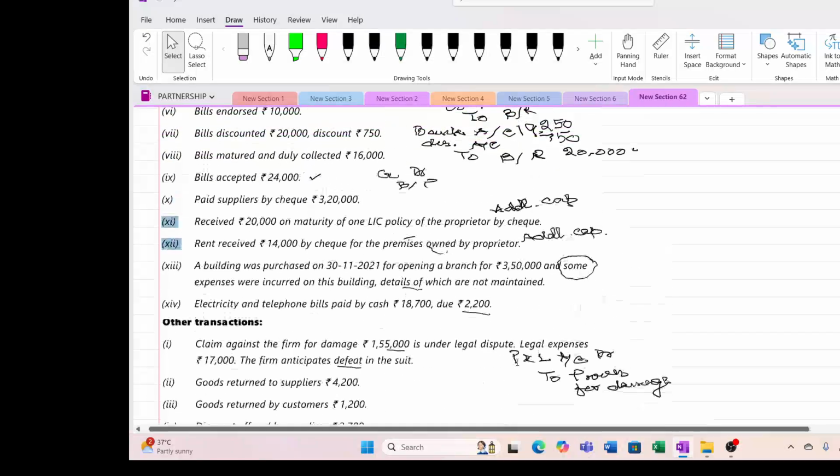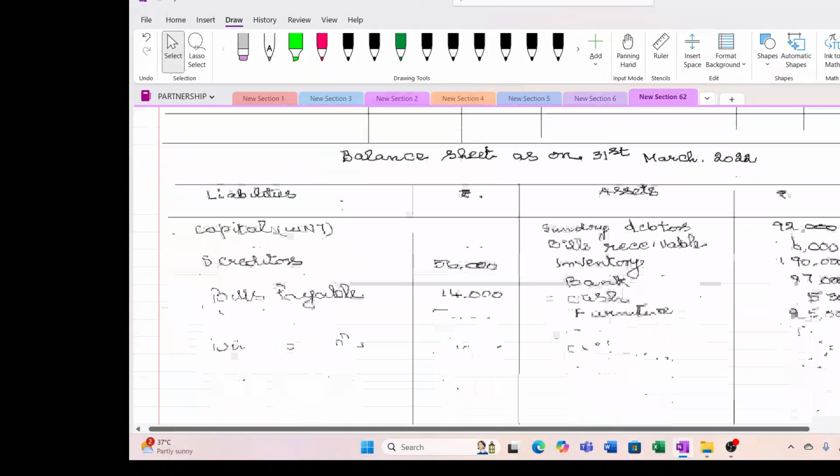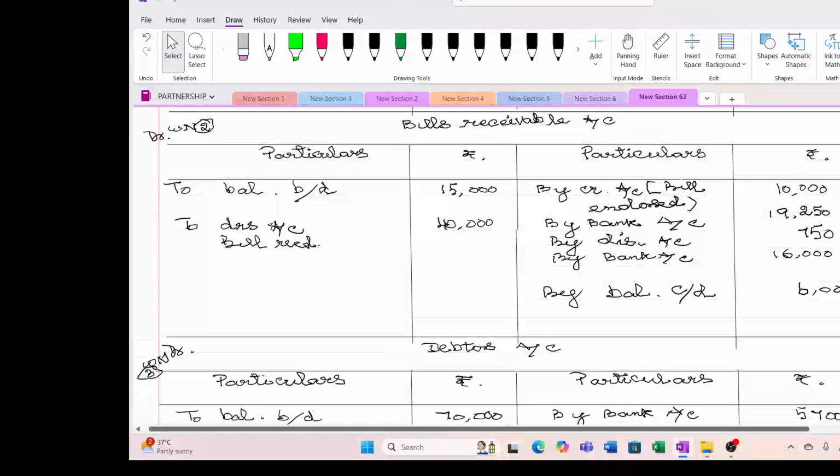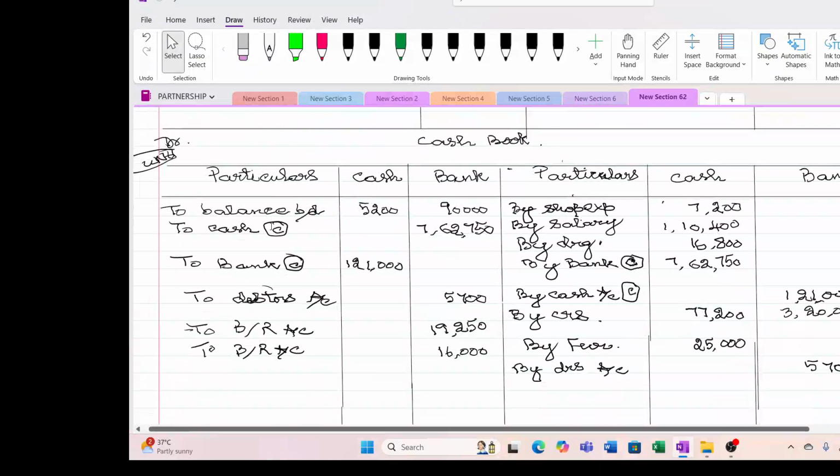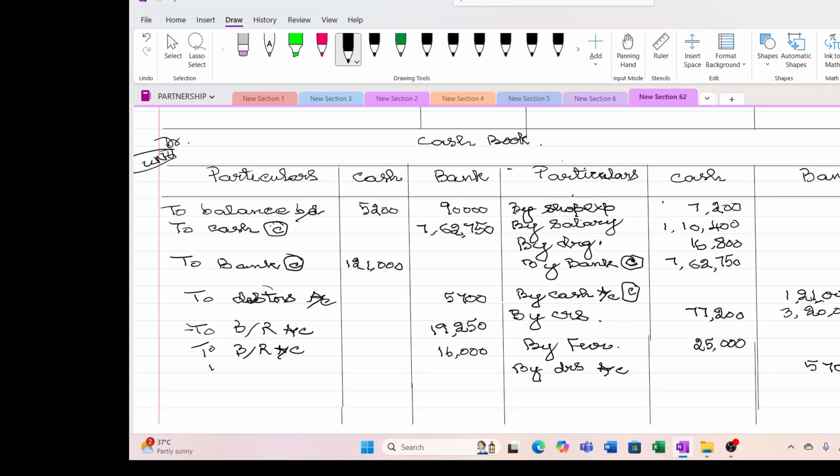I think so far we are doing both the entries for all. Received 20,000 by check. So this will be your additional capital. 20,000 by check to capital account. Writing 20,000 for LIC, and one more check we have received, that is for 14,000, that also.